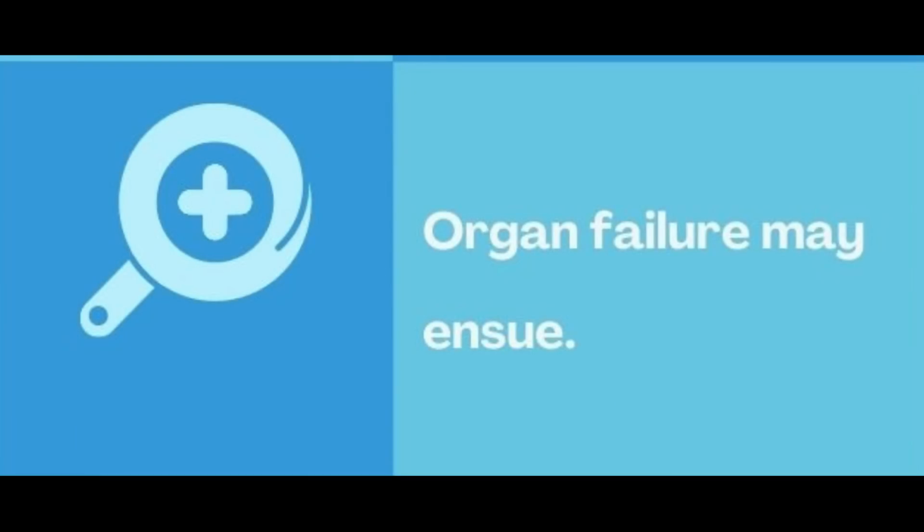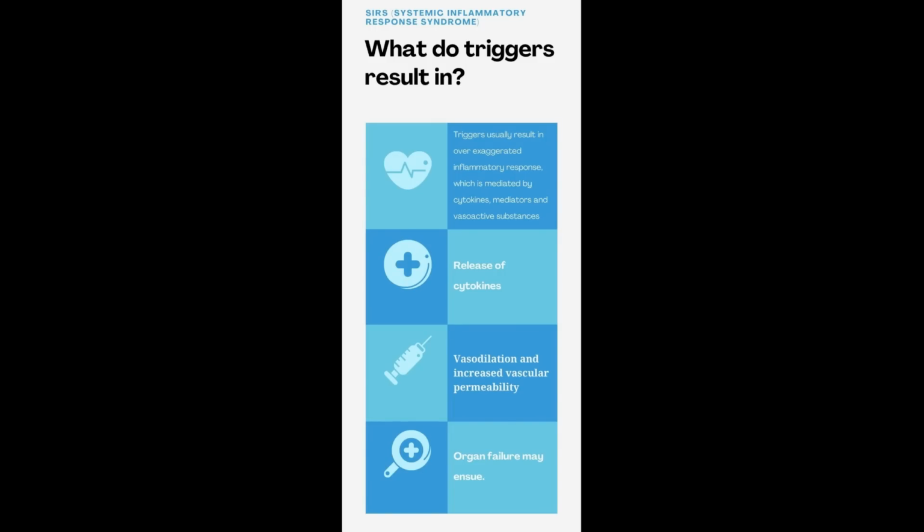And finally, organ failure may ensue. So, the pathogenesis in development of SIRS is a trigger of progressive inflammatory response leading to release of cytokines, mediators, and vasoactive agents. Finally, vasodilation and organ failure may ensue.